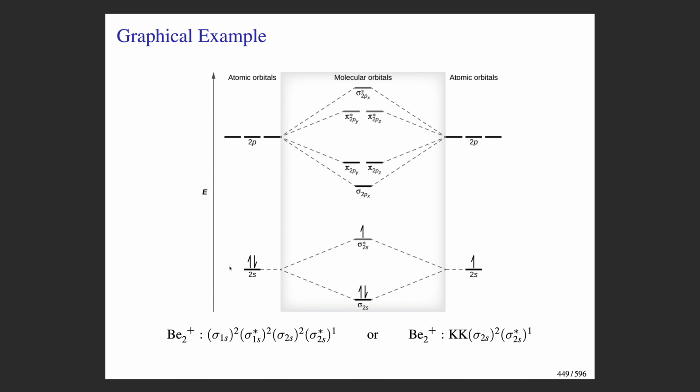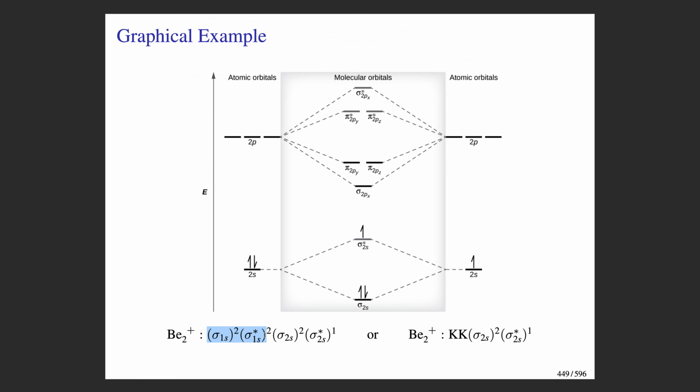So let's say that this is a neutral beryllium atom, and then over here this is a beryllium cation with a +1 charge. And so what I've drawn out here, these are the molecular electronic configurations.